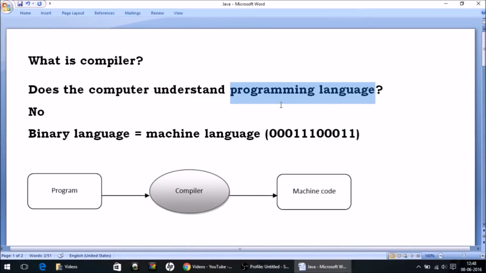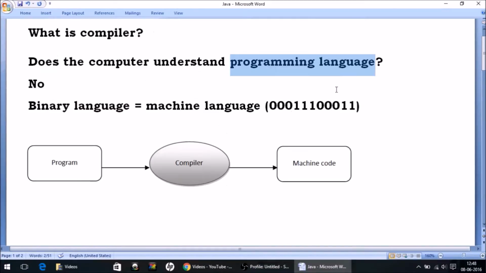So what really happens with programming language is that a program which is written in any programming language, for example Java, C++ or anything else, is converted into machine language or must be converted into machine language, so that the machine can understand and execute the instructions that you want it to execute.